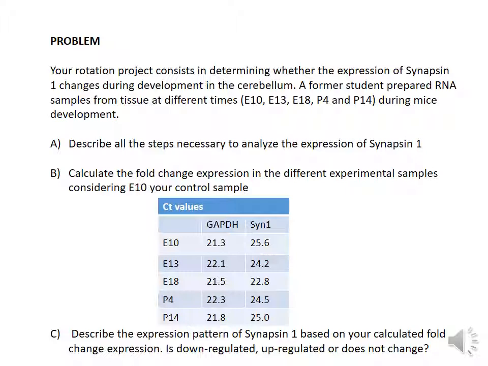And then the last question is basically to interpret the data that you obtain from question B, so then you can describe whether the gene is downregulated or upregulated, or is not changing during development. We will see this problem also in class, but I encourage you to do it at home first, so then we can go over all the things that you didn't understand.